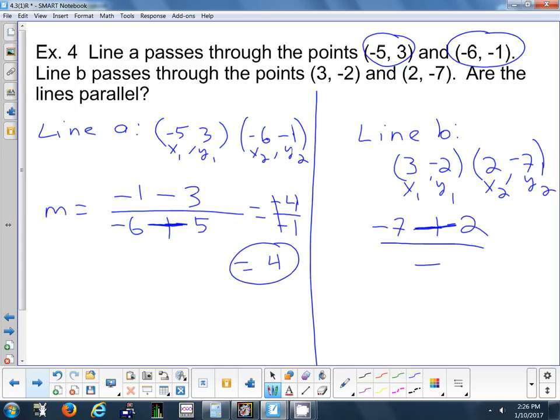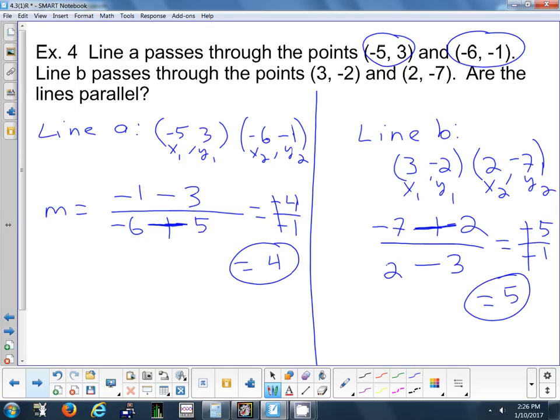Anybody know? Positive 2, 3. Oh, no, and then the positive 3. All right, what's negative 7 plus 2? Negative 5. And what's 2 take away 3? Negative 1. So what's the slope here? 5, right? Negative over negative is positive.